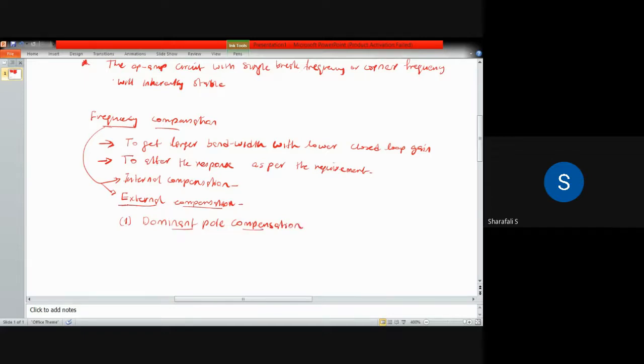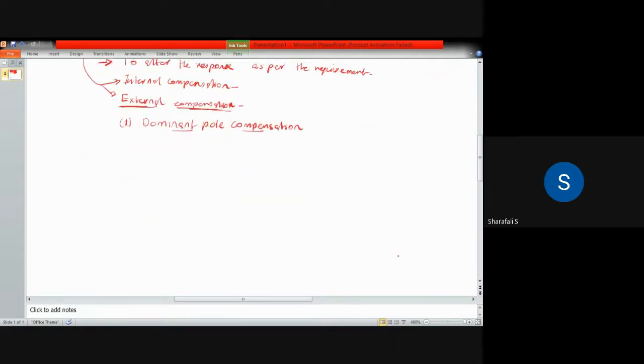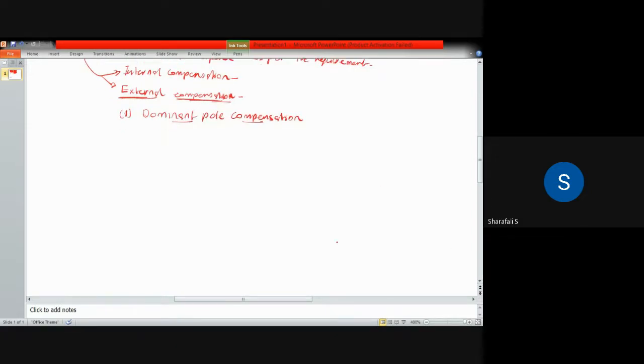In this dominant pole compensation, we have to consider an amplifier, for example, with three break frequencies.